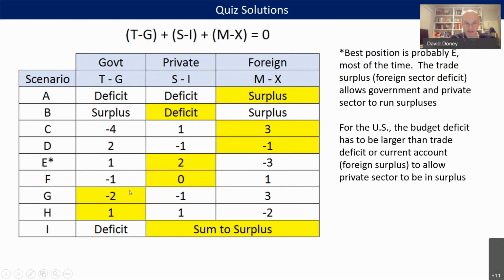If they've got a minus here and a small government deficit, it'd be like -3, -1, so this one would have to be +4.